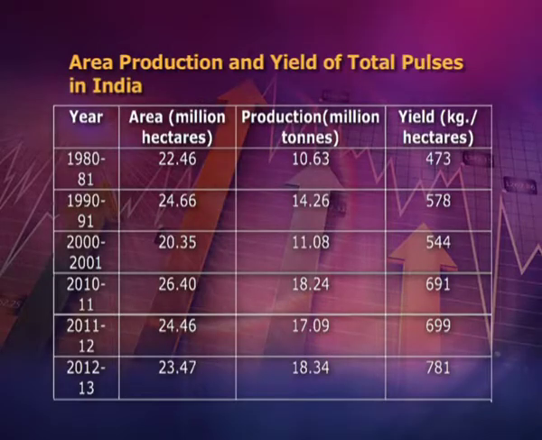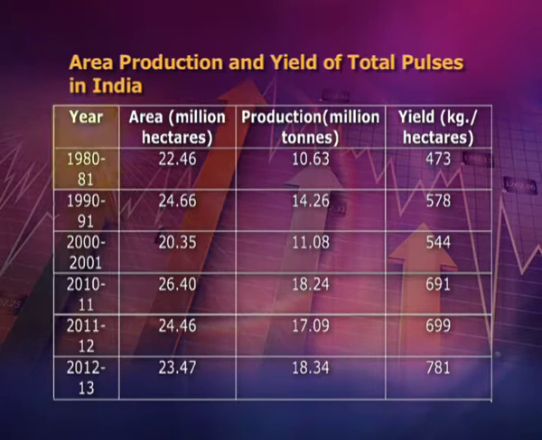If agricultural production has increased significantly, why do we not see a significant reduction in undernourishment? Area of production and yield of total pulses in India is also presented here. Let us look at the statistics.